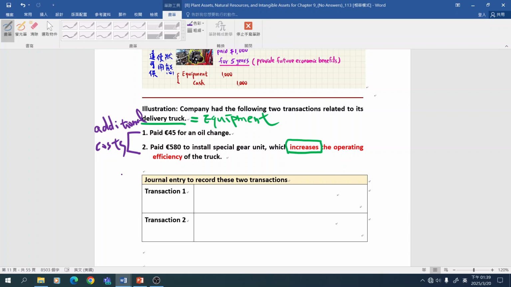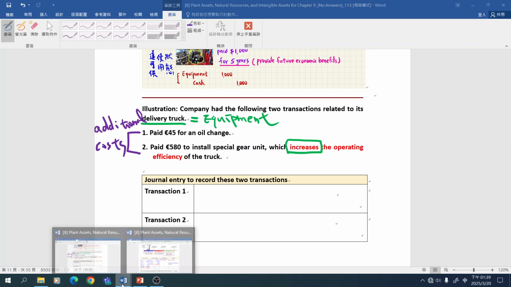So usually maybe every, how long? 6 months or every year you have to change the oil. Okay? So for the first one, small money occurred frequently. So that's your expense, right?